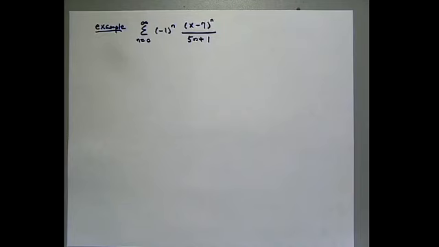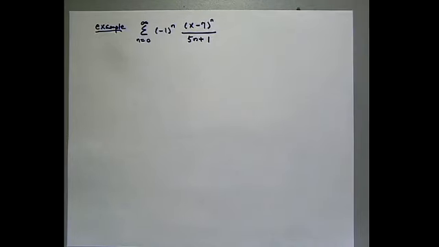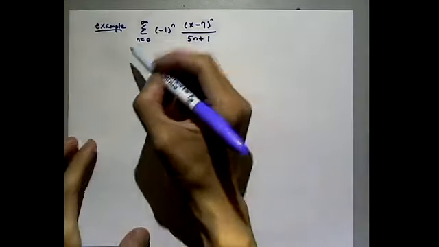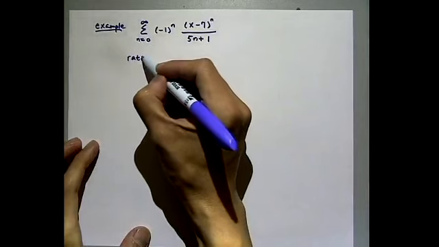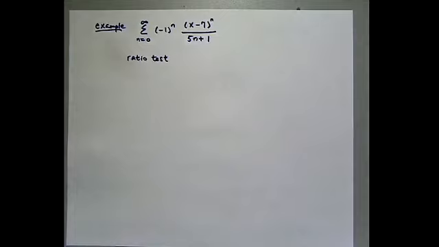Here we have minus 1 to the n, x minus 7 to the n over 5n plus 1. Now this time the center is 7. Nothing changes as far as what you do. You just go ahead and apply the ratio test.